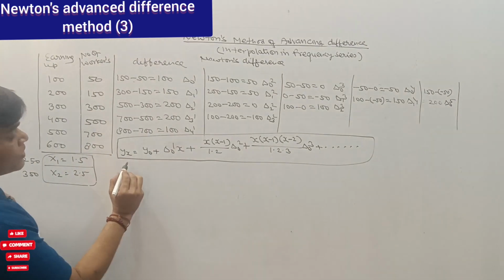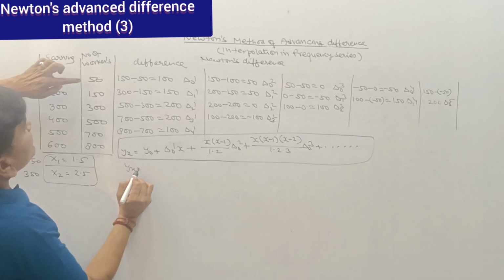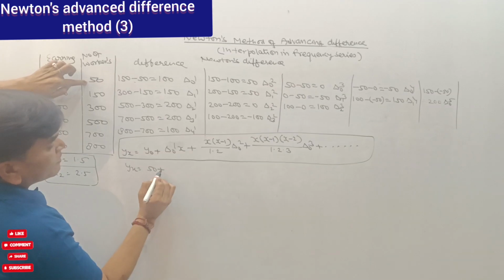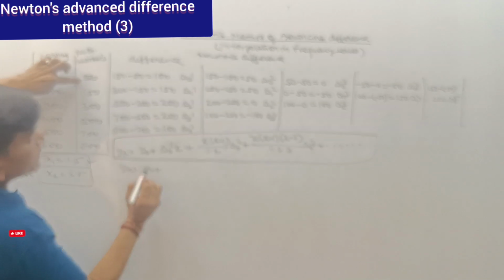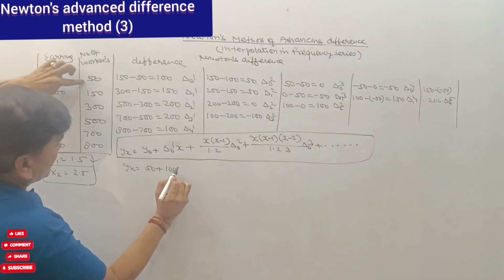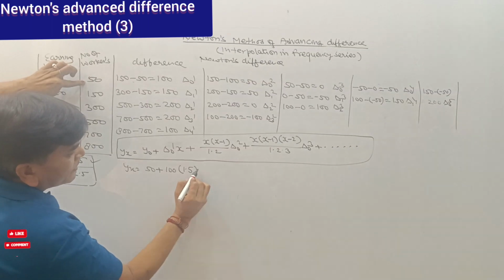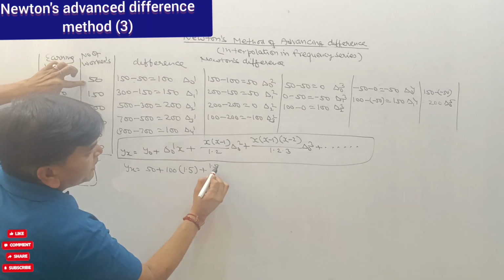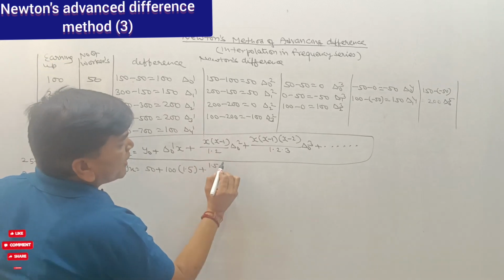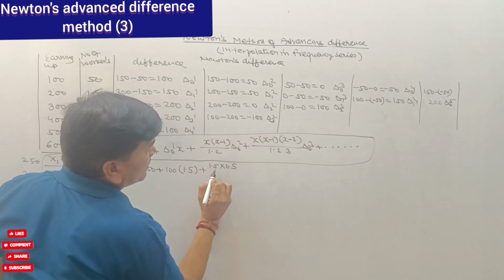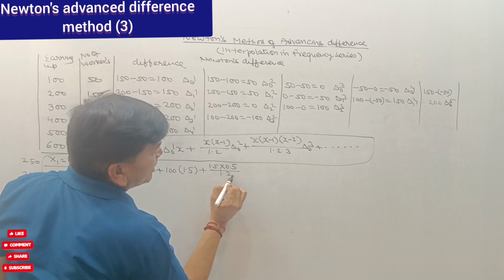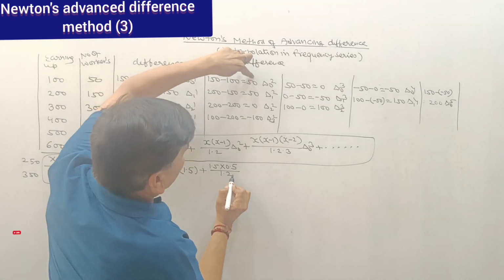So yx is equal to the y0 value, which is 50. First we take 100 multiply 1.5, plus 1.5 times (1.5 minus 1), that is 0.5, divided by 1 multiply 2, times the second difference 50.